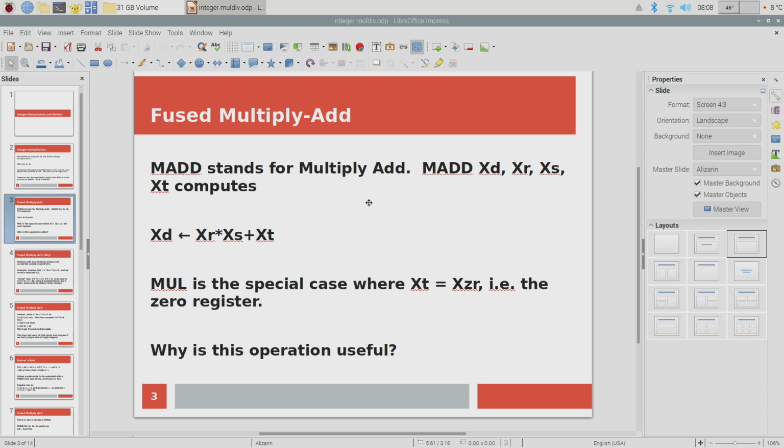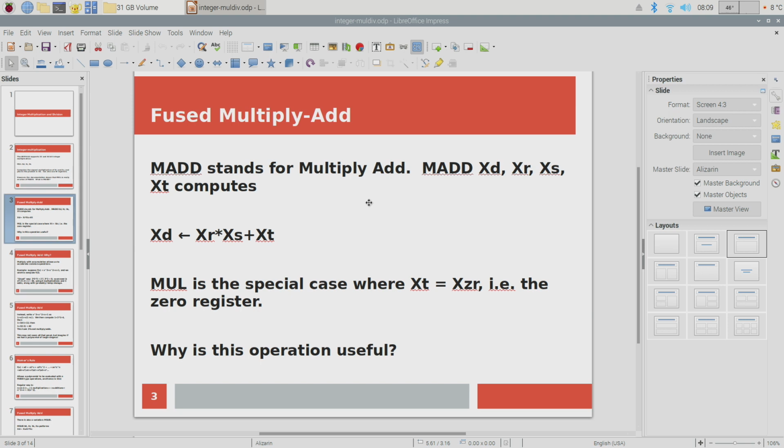It does a product and an addition at the same time. So this particular operation takes four operands. The first one is, as usual, where the answer is going to go. The second and third are the things that get multiplied, and the fourth one is what will get added on at the end to the product.